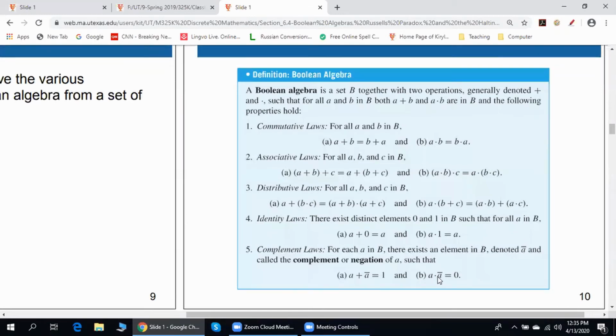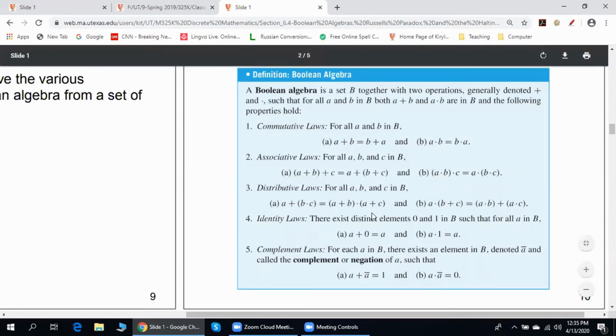For example, talking about sets, by 1 we mean the universal set, by 0 we mean the empty set, and by bar we mean complement. So this is not really 1 and not really 0.